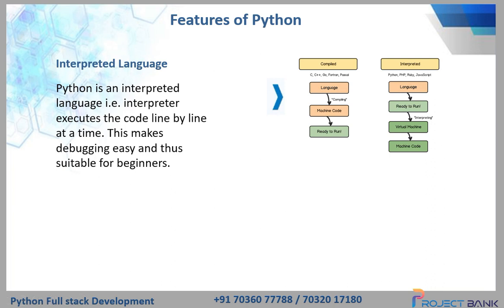Python is also a scripting language. So as soon as you write something, immediately it will check if there is any mistake or not, and immediately we can rectify it, and then you go to the next line. Practically I can show you what interpreted means. Whenever you run one particular line, immediately it gives the output. I'll show you in the practical session.